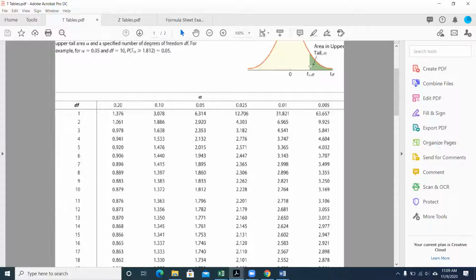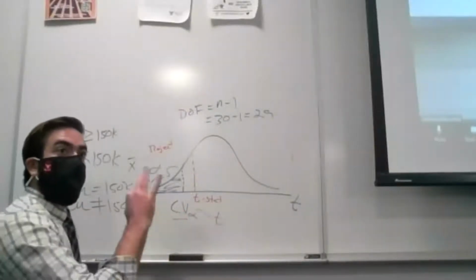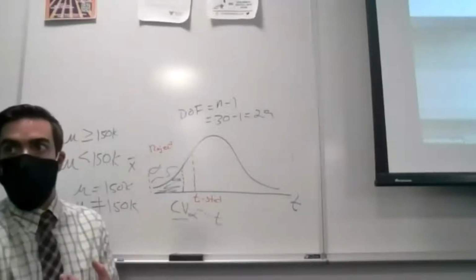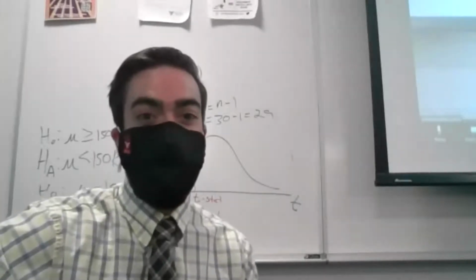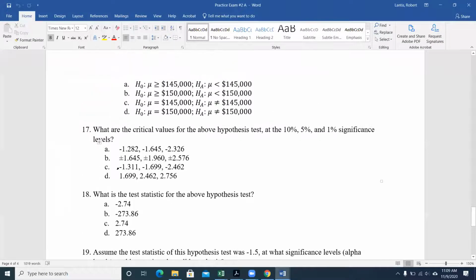If this was a right-tailed test, we're done. But we had a left-tailed test, so it's going to be those three critical values for those three different alpha levels, but negative. So negative 1.311, negative 1.6-something, I forget already. If we go here, it'd be these values right here, but negative. And we should have known that it had to be A or C here, because once you figure out you've got this left-tailed, less than test, your critical values have to be negative.